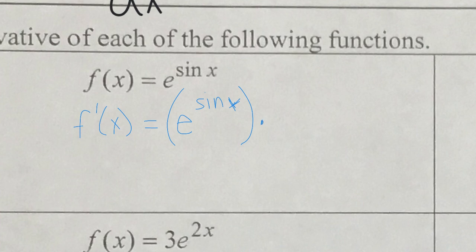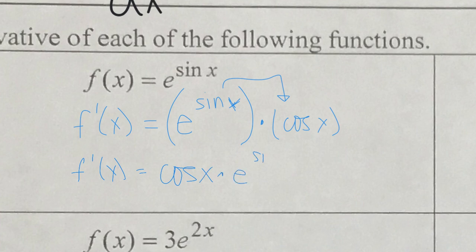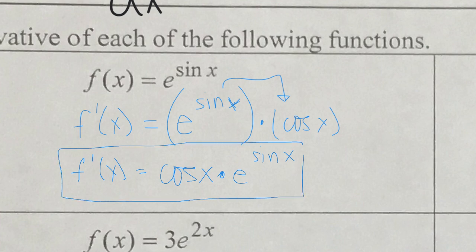But then we have to multiply it by the derivative of sine x, which is cosine x. So when we write this in a more standard form, this becomes cosine x times e to the sine x. So that's the derivative of e to the sine x.